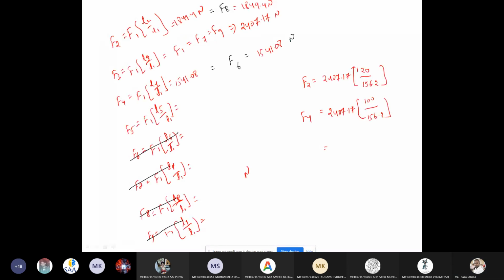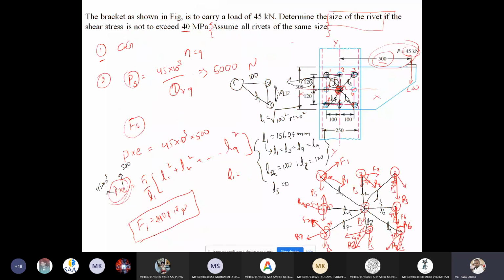But if we see the diagram, the load is initially distributed maximum on the first column of rivets. The distribution of the load is maximum on the first column, and the rest of the columns are subjected to load, but not more than the first column.